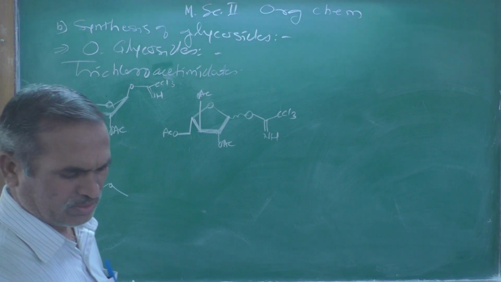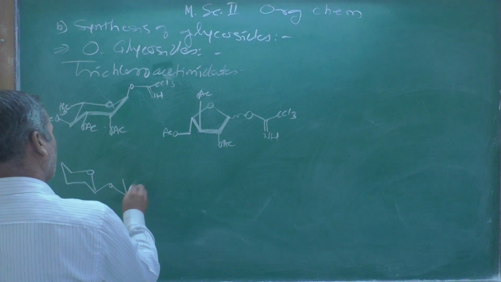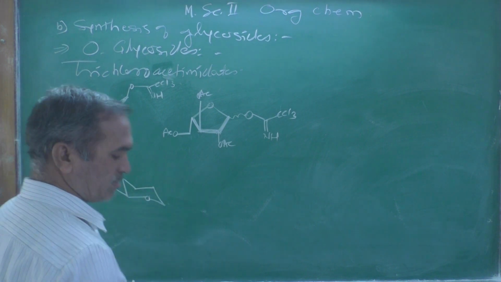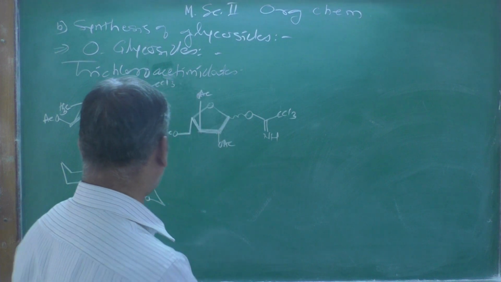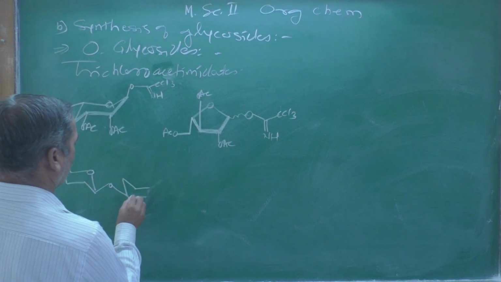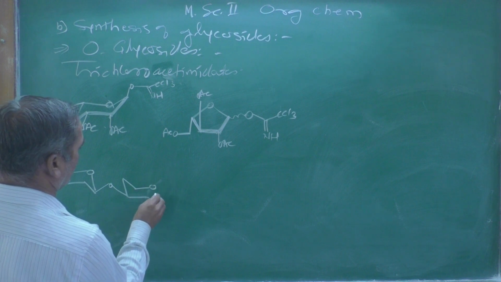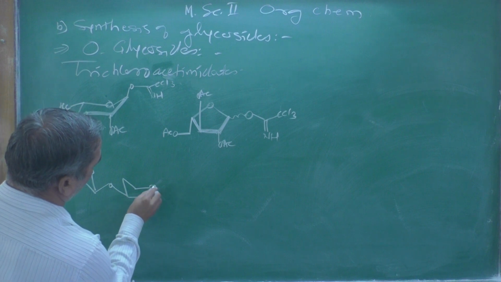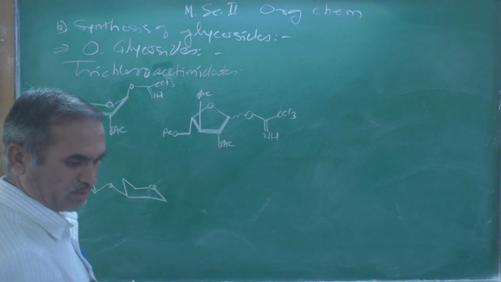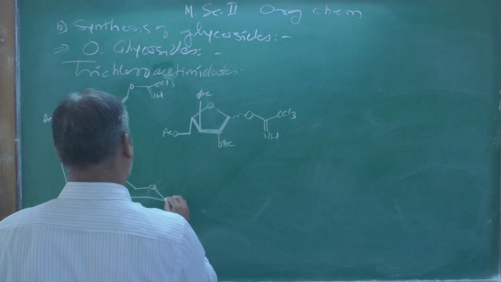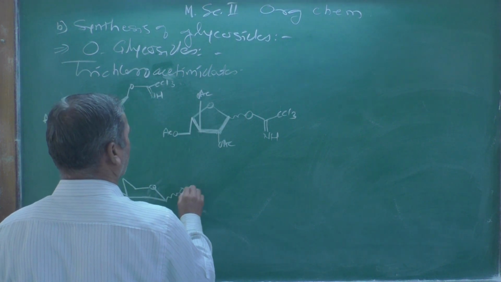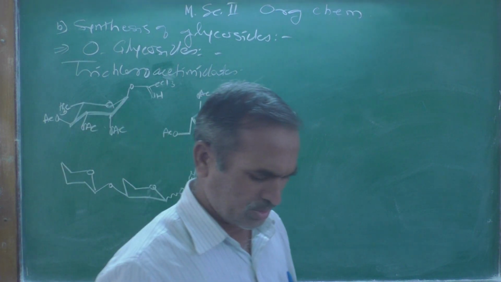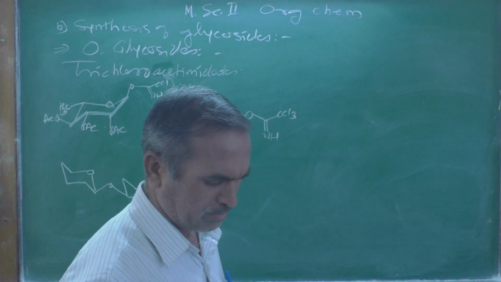oxygen, and then we can represent this compound like this. Here is the oxygen atom we can show, and then this will be shown like this, and then further, this is again a double bond, NHCCl3 trichloroacetimidates.